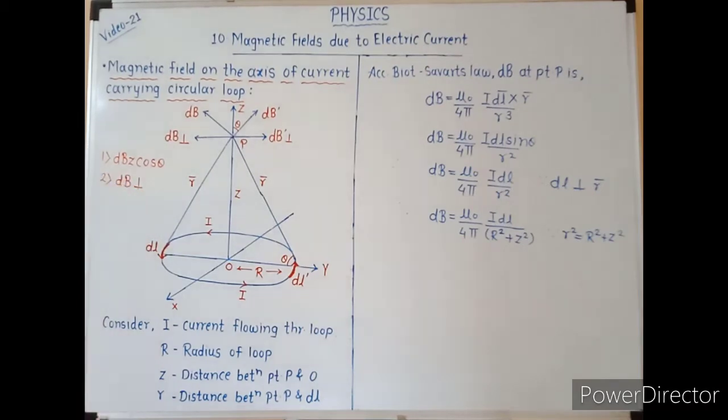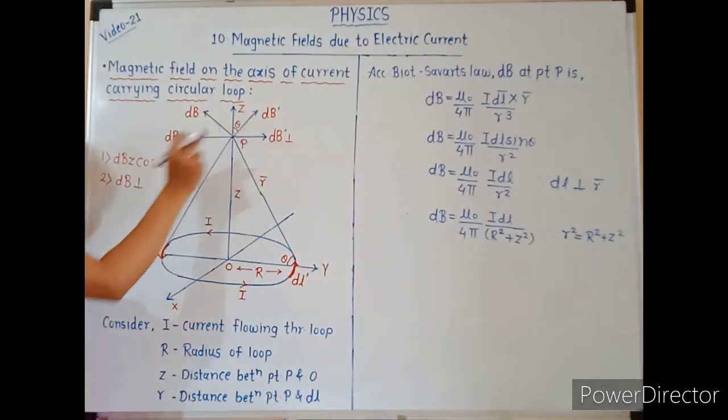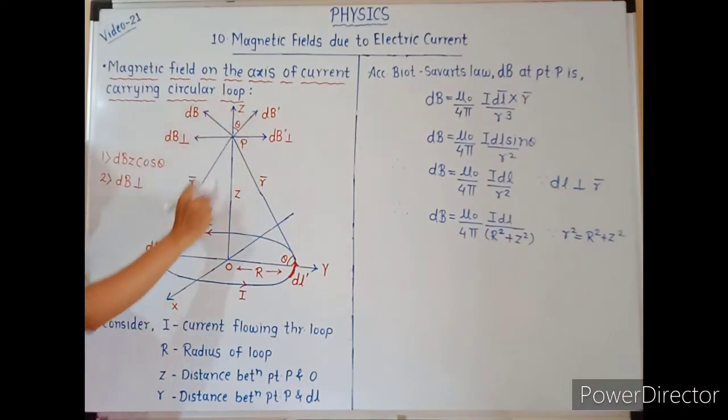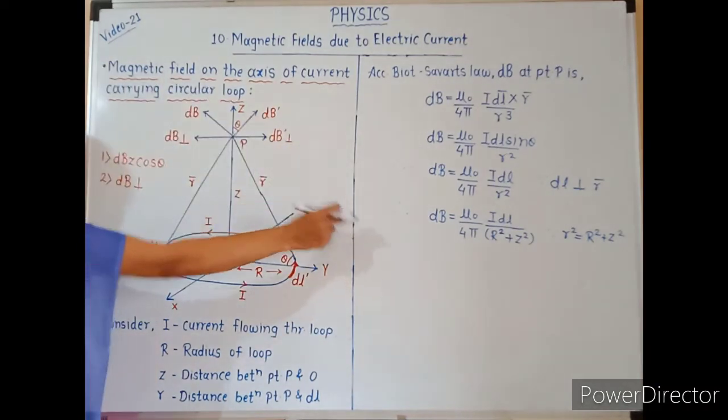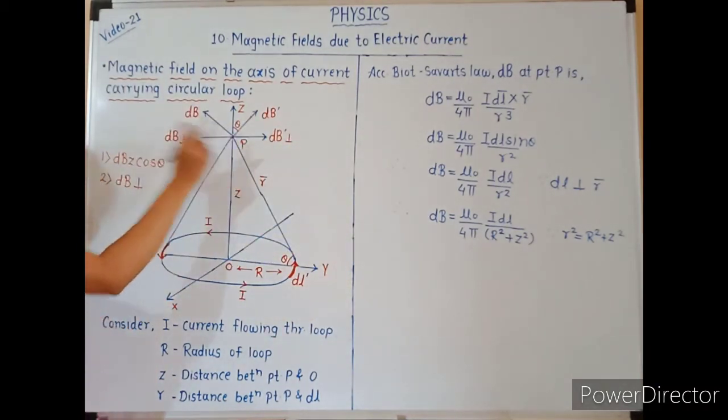So the magnetic field dB is resolved into two components: first is dB cos theta, which is along the z axis, and second is dB perpendicular or dB dash perpendicular, that is perpendicular to this z axis. Now this is the magnetic field produced at a point P due to this small length element dl and dl dash.